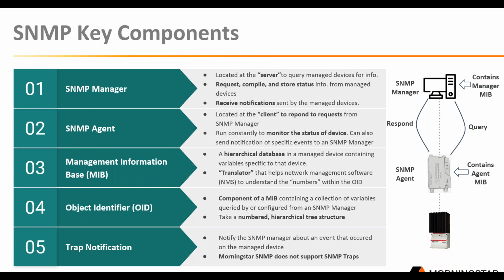Within the management information base, there are what are called object identifiers. That's really the list of variables or parameters that tell you what the address is for associated bits of data that you want to retrieve. So battery voltage will have its own OID. Heat sink temperature will have a different OID. But there is some commonality to the structure of the OID.